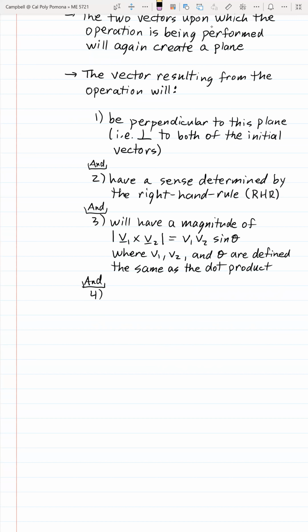And the magnitude here, I'll just say that magnitude represents the area of the parallelogram.